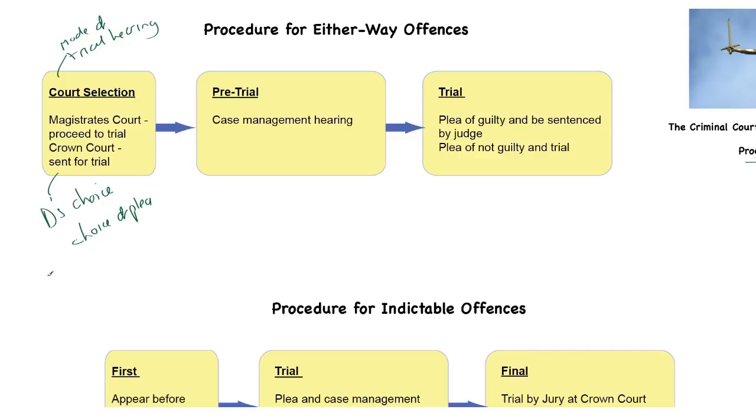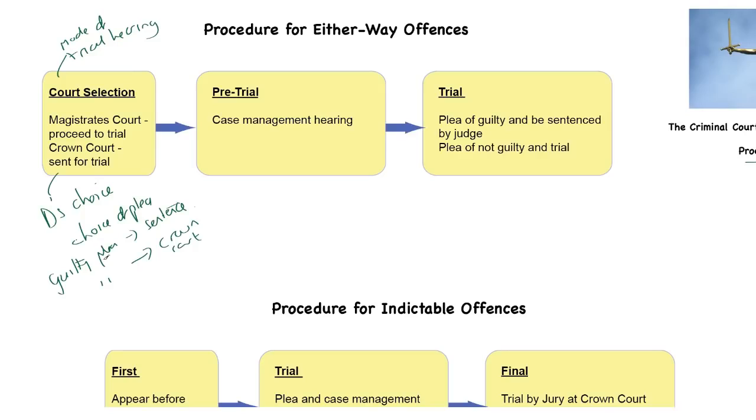Then if he pleads guilty, they will proceed to sentence. So a guilty plea goes straight to sentence. And a guilty plea may go to sentence in the Crown Court if they consider that the likelihood for sentence is going to be more than 6 months.